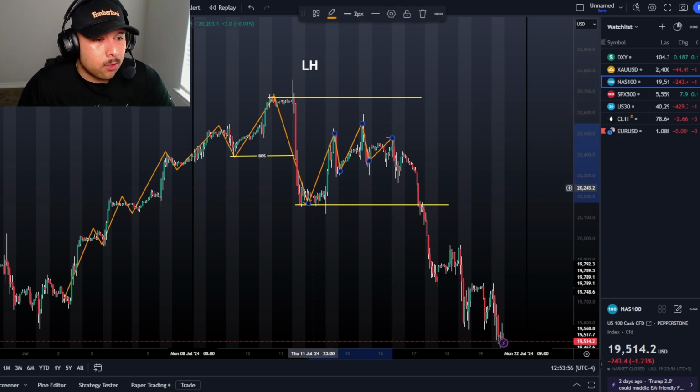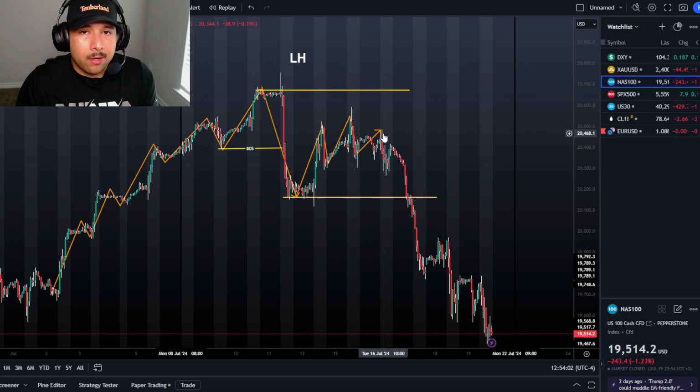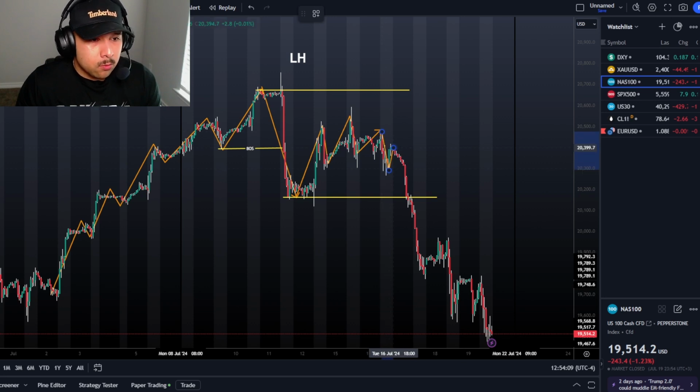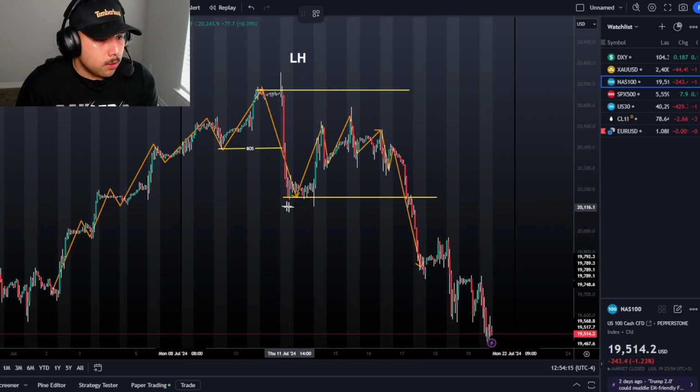So what happened was it created all this market structure, all this noise, which we could have looked at for potential areas to sell. But remember, the lower high is not validated until we break the previous structure of the lower low. So this will be the lower low here.